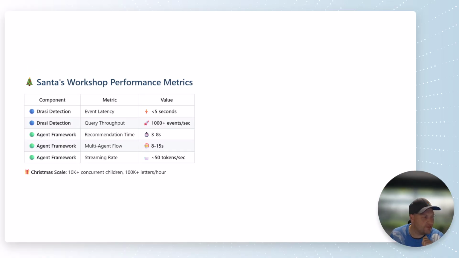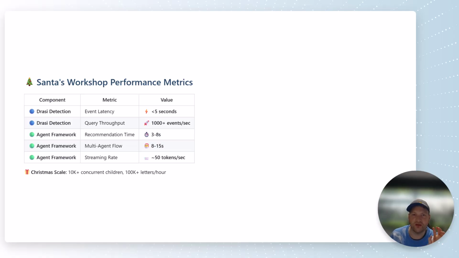So just a bit more about the performance metrics. Drasi was giving us sub 5 seconds from event through to detection. Its query throughput could do over 1,000 events per second. Agent Framework had 3 to 8 seconds when I was using a single agent to recommend.